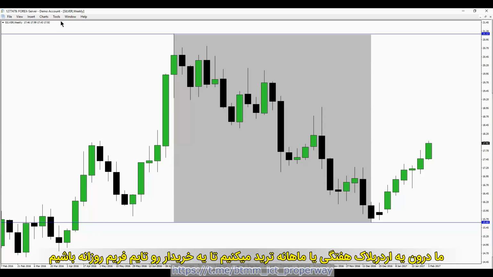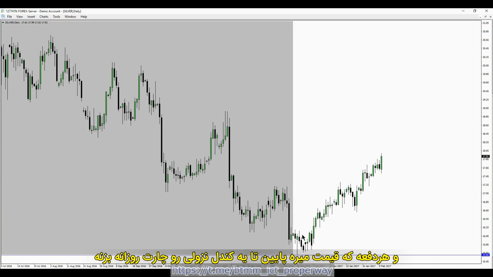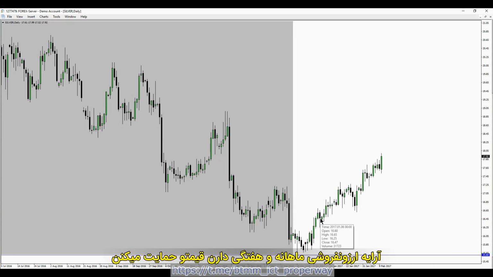We're trading off of a weekly and or monthly nested order block to be a buyer on the daily time frame. And every time price trades down into the down candles on the daily chart, we can be a buyer because we have monthly and weekly in alignment. The discount array for monthly and weekly are supporting price, or we anticipate that they will support price.